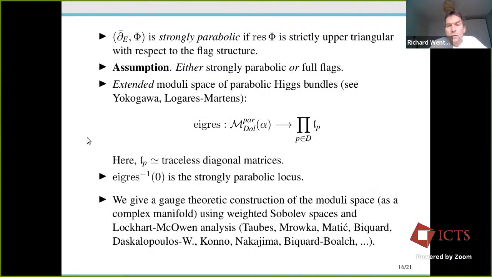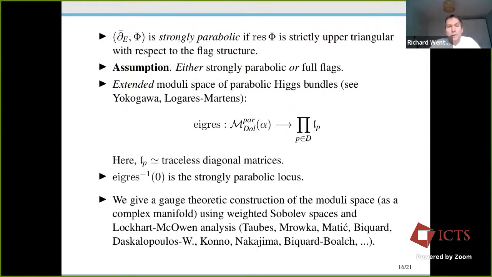All right. So one thing that we needed to do, and I should now speed up a little bit, was give a gauge theoretic construction of this moduli space. The algebraic constructions exist by these authors, and I should add David Alfaya, sorry, and probably others that I'm leaving out, sorry about that. And so we give a gauge theoretic construction.